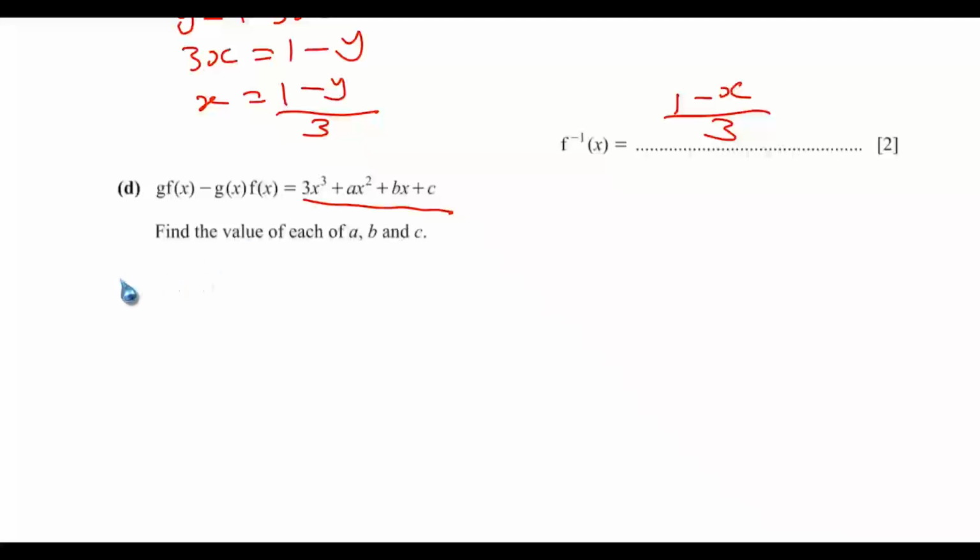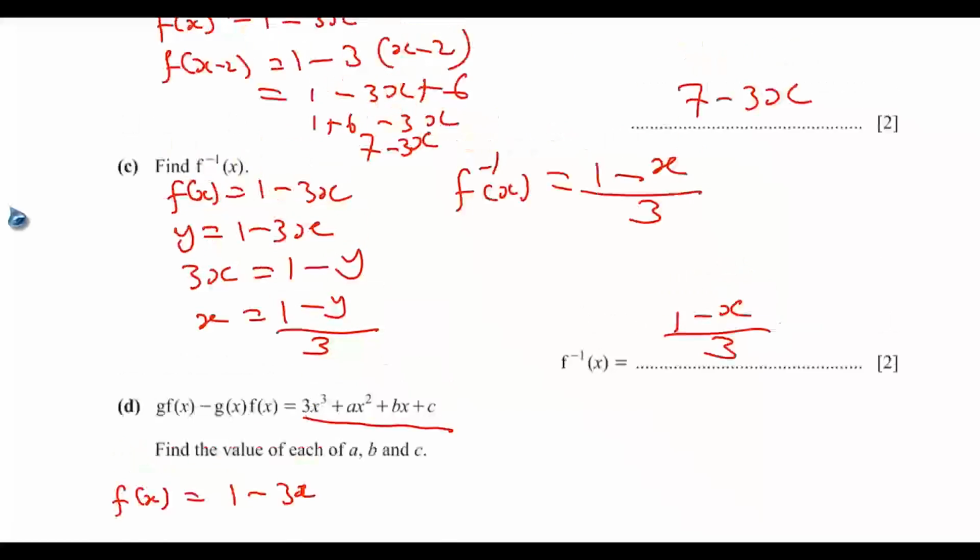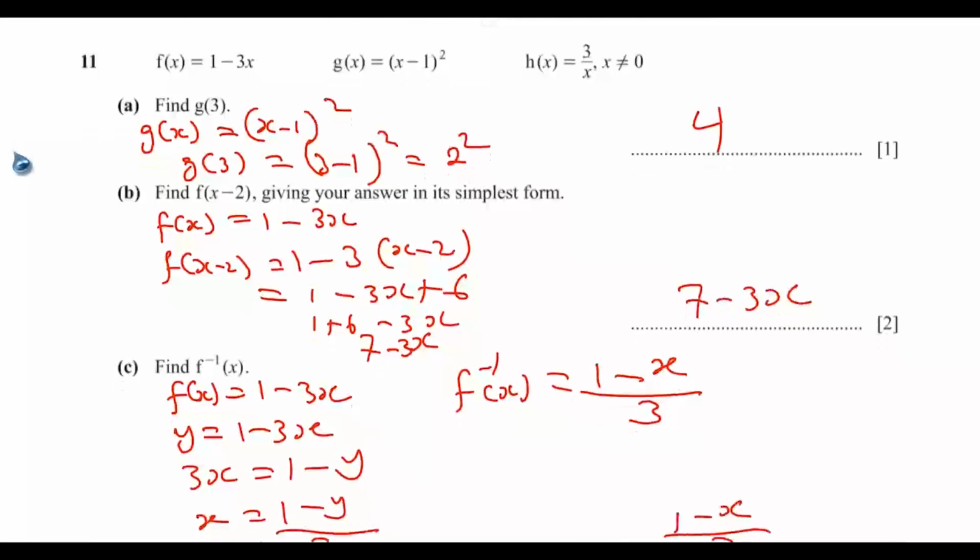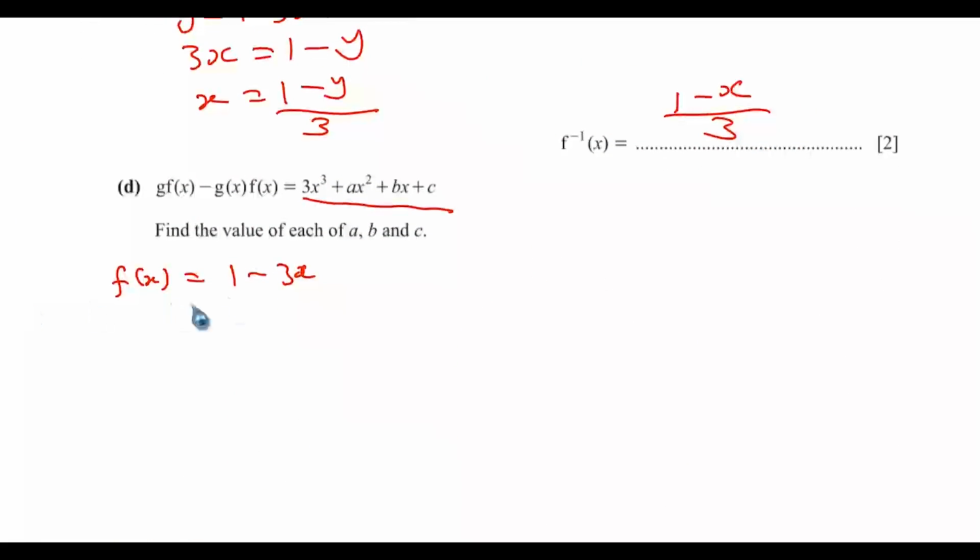So we know that f of x equals 1 minus 3x. Then g of x is x minus 1 to the power of 2. Yes, that's correct.